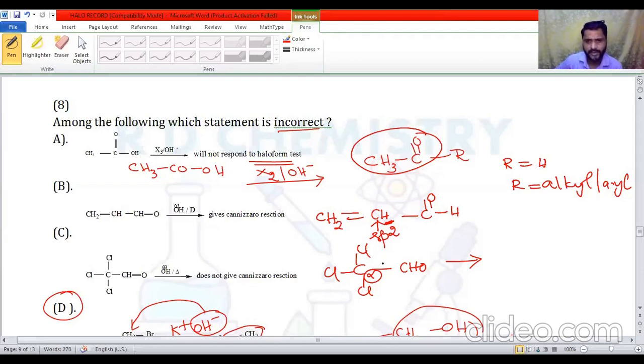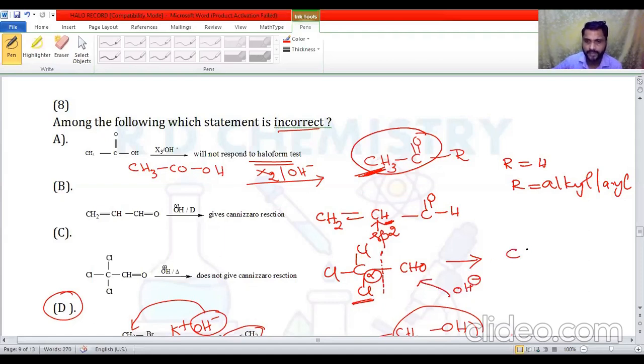Okay. Now what will happen here? This is one of the intermediates formed during the haloform reaction. See here, all the hydrogens on the alpha carbon atom can be replaced by the halogen. So this is one of the intermediates that is formed. Again, the alkali attacks the CH2 group.